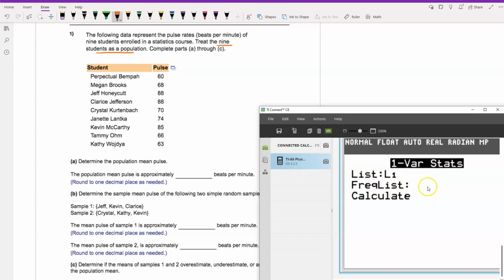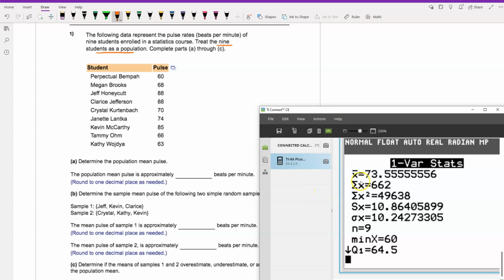I will not enter anything for the second row, frequency list, so nothing on that part. Enter, enter, enter. So here is our sample mean. It's asking to round to 1 decimal place, and the answer is 73.6.